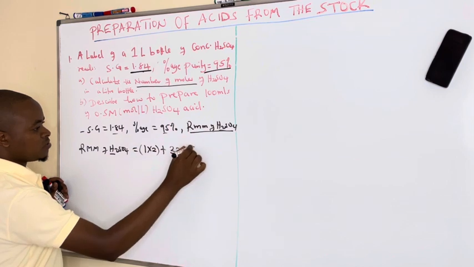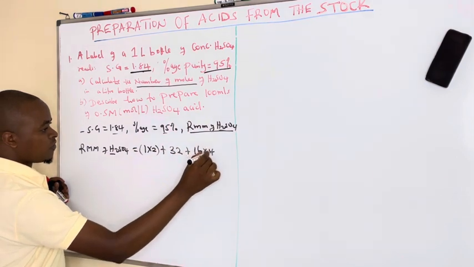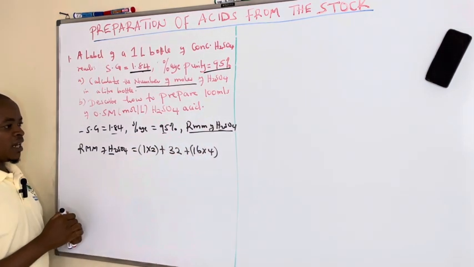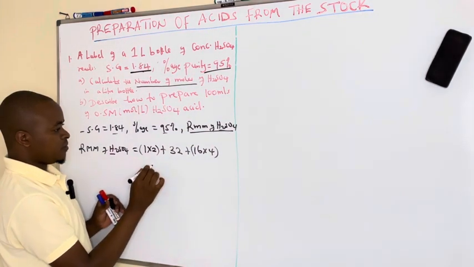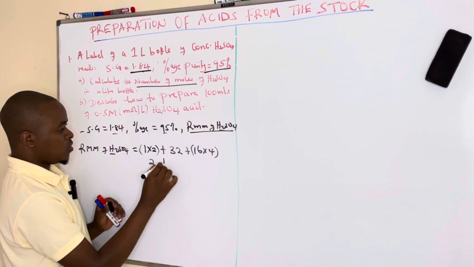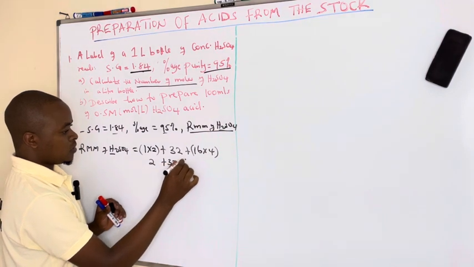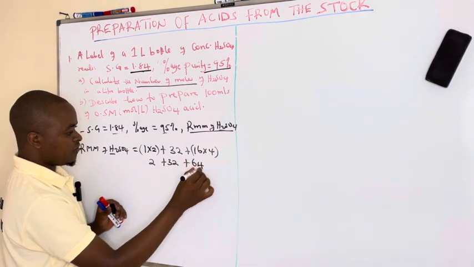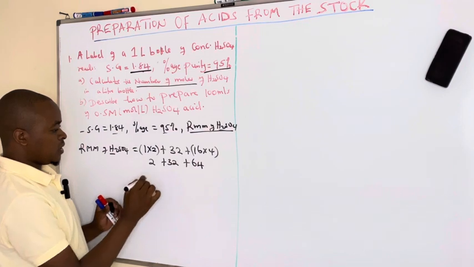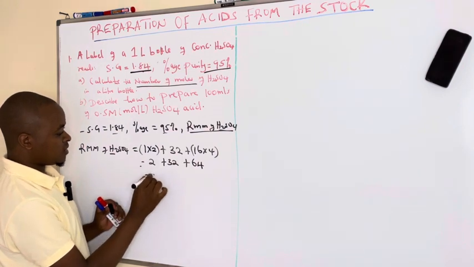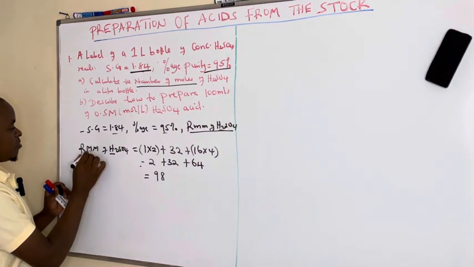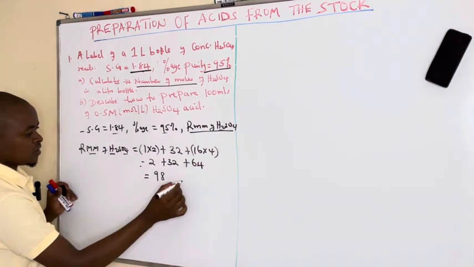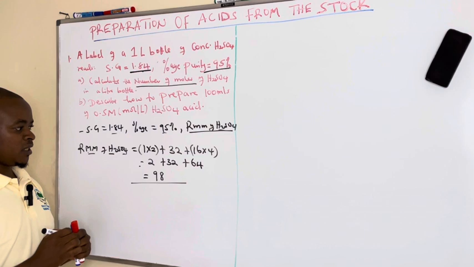Then plus oxygen, which is 16 times 4. 16 times 4 is 64. That is 2 plus 32, then plus 64, and this gives us 98. And so the relative molecular mass of sulfuric acid is 98.